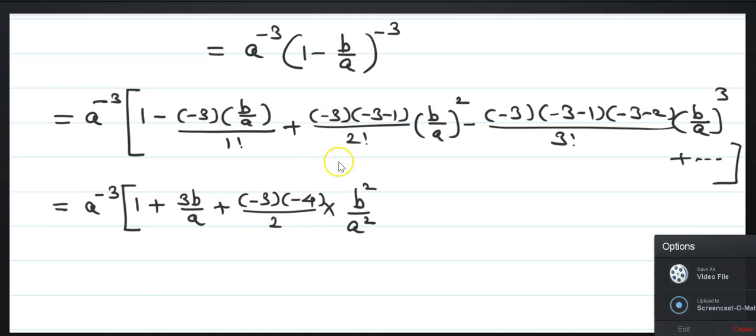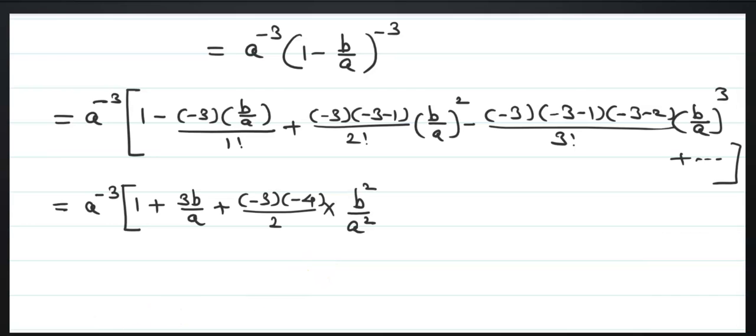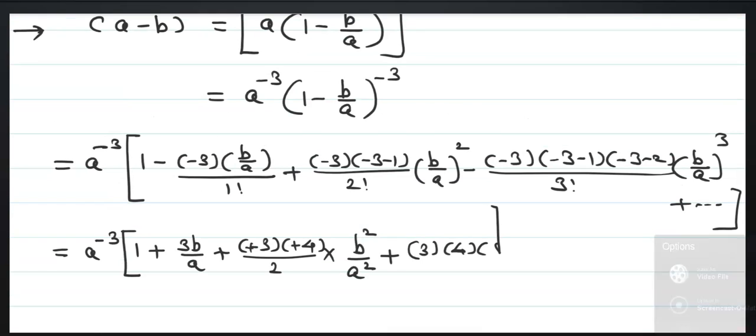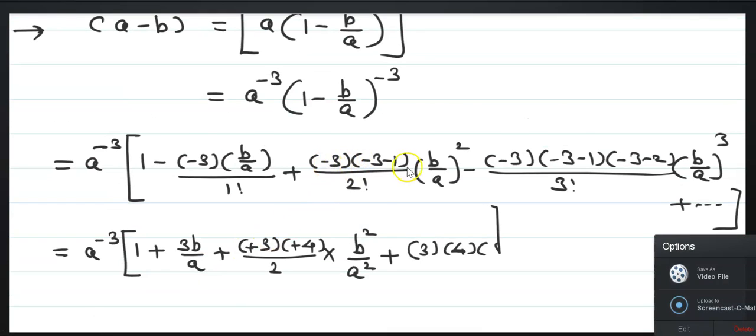Now what is here? Minus 3 minus 4, that is 12 upon 2. It is 6 b square upon a square. Now the next term. I had written that the sign will be plus here overall.